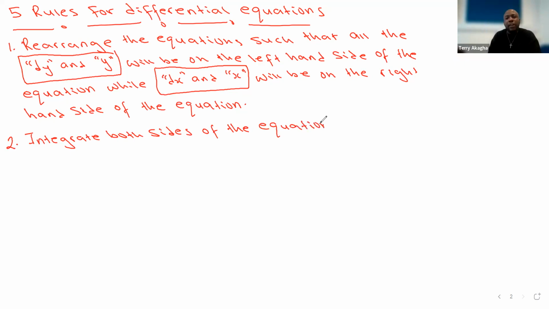Now, when you're integrating, there are three things to keep in mind. The first one is that all the rules of integration apply.